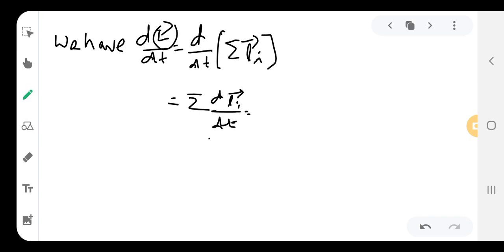Differentiating, as we have just derived, it is equal to the torque tau i, where tau i is the torque for the ith particle.